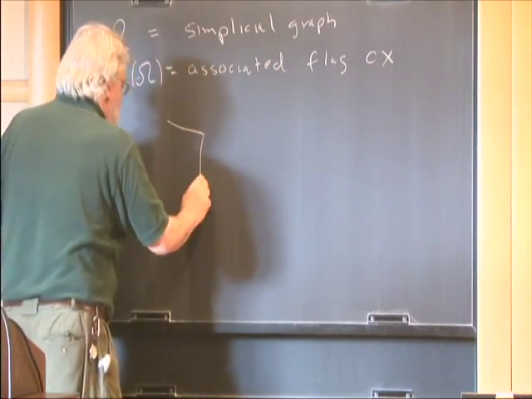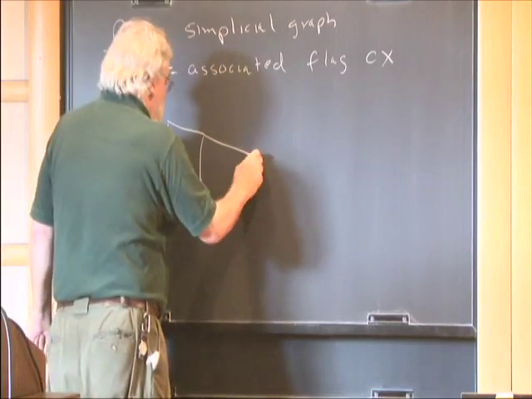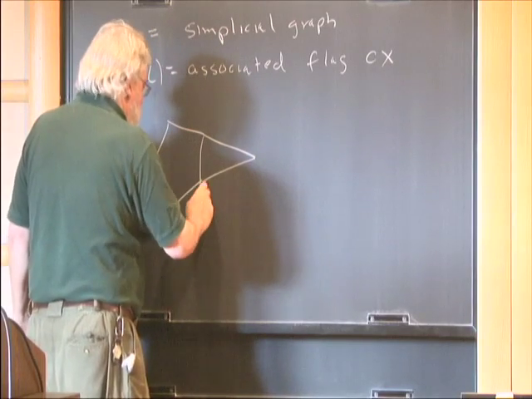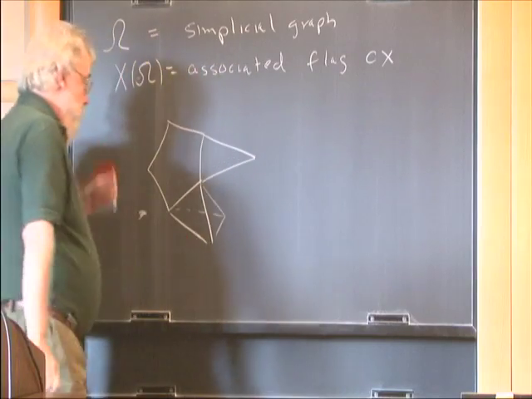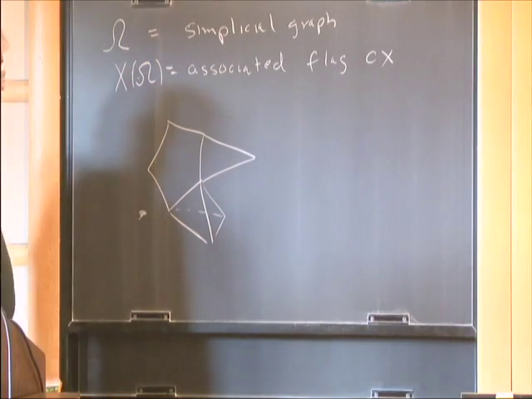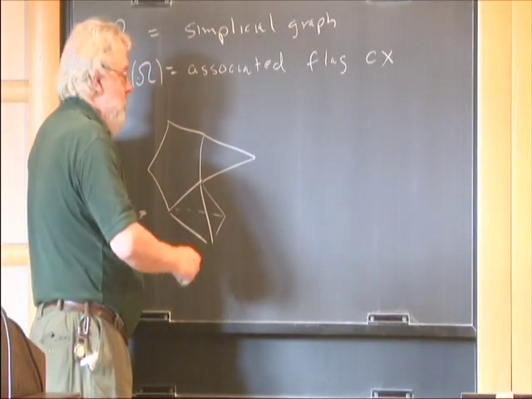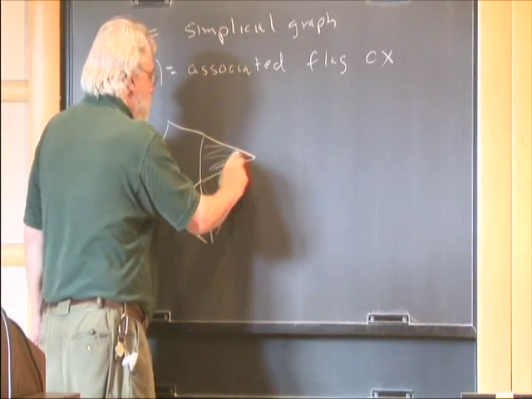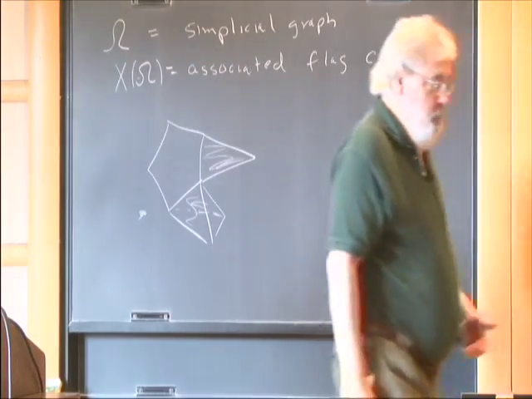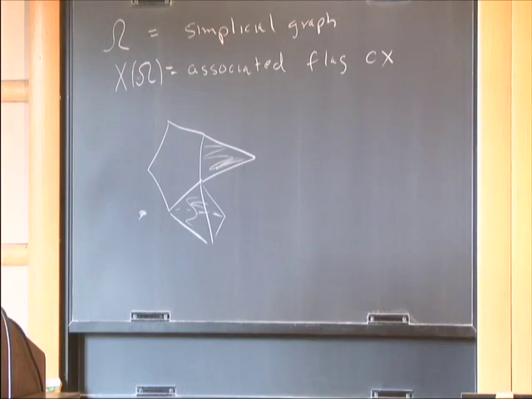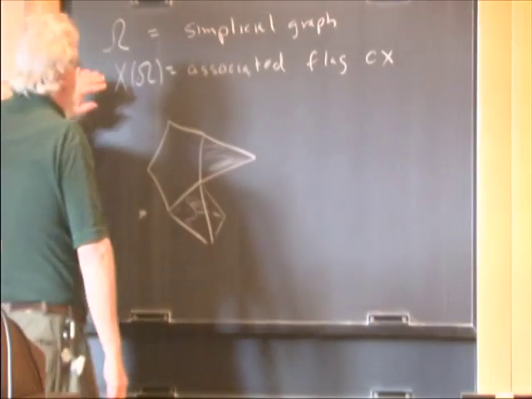So the basic idea was you have some graph, and there's some place where you have some 3-cycles, and maybe you even have some complete subgraphs on 4 vertices, and basically the associated flag complex is you fill in all the missing simplices. So you fill in all the triangles, and then you fill in all the tetrahedra, etc. So in other words, its simplices are the complete subgraphs.